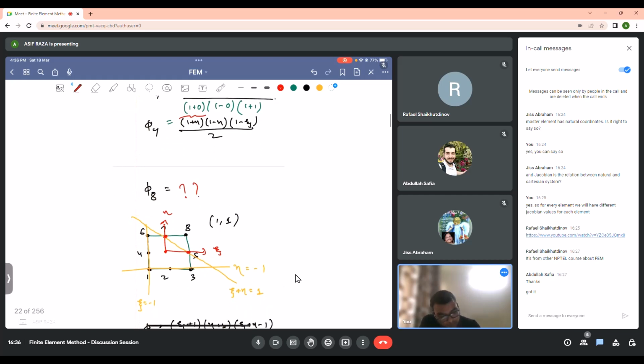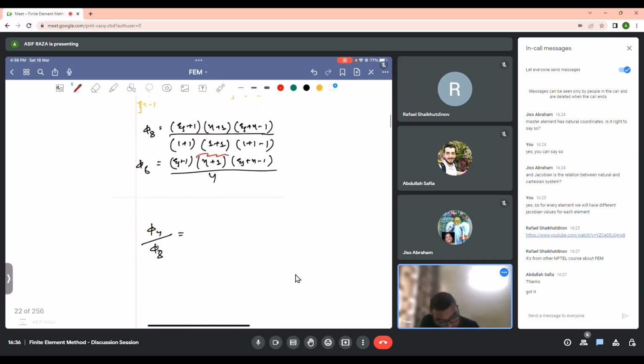Finally we'll have 1 minus eta, 1 minus xi by 2, divided by 1 plus xi plus eta minus 1 divided by 4.